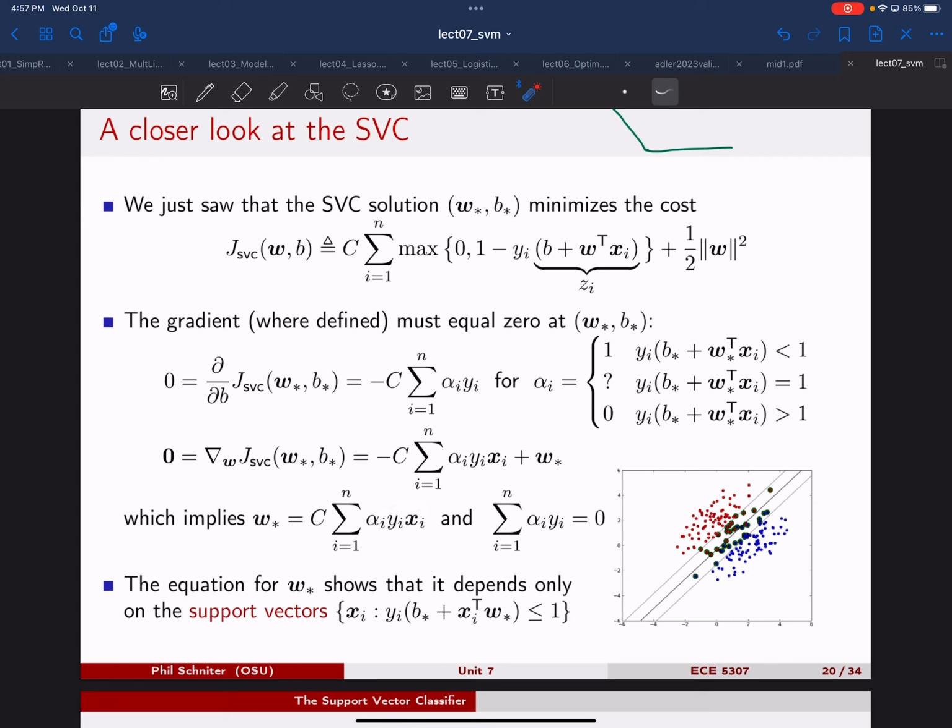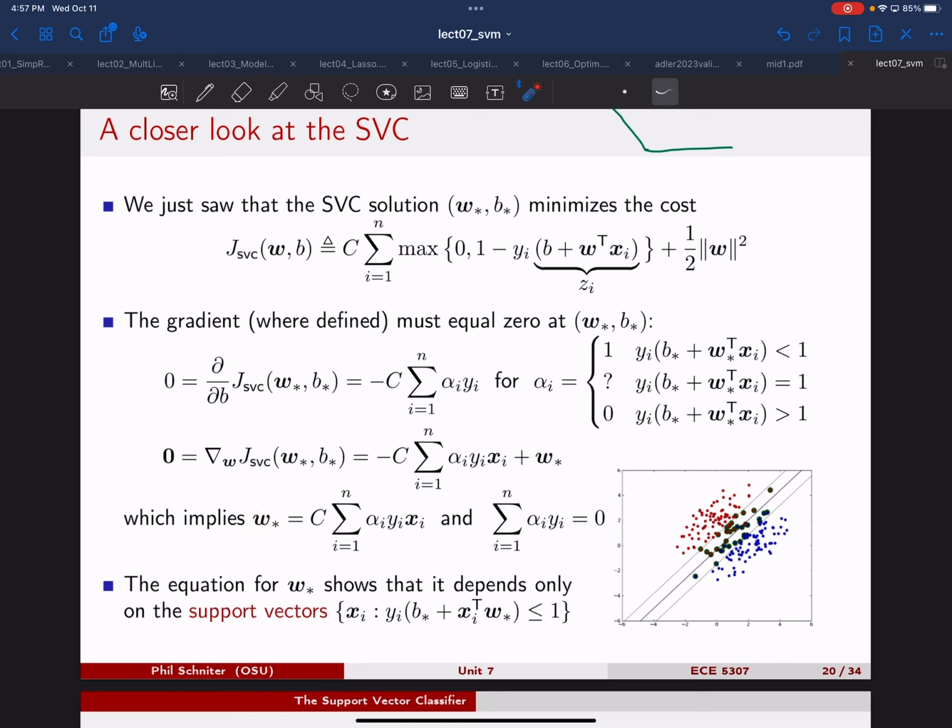So here's another way to see the support vector idea: w is only going to be determined by the xi and yi for which this holds, or actually both of these cases, because otherwise you get zeros here, and those xi, yi don't affect w.